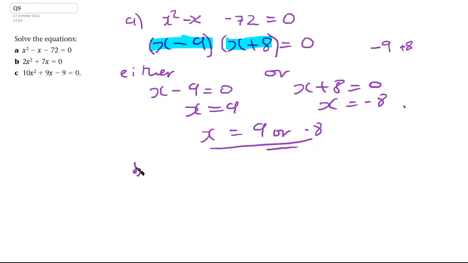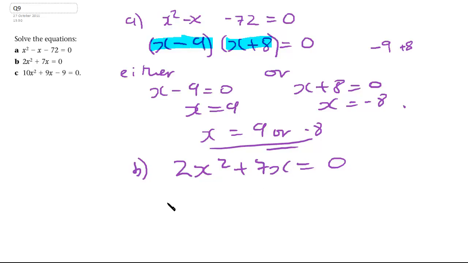Part B. So I've got 2x squared plus 7x equals 0. Now, first thing always to check, actually, I didn't do it back here because I could see it was obvious, is if there's a common factor. There was no common factor. There's no x's in here, and there are no numbers here, so there's nothing that's going to be common across. But we do have x's in both bits.